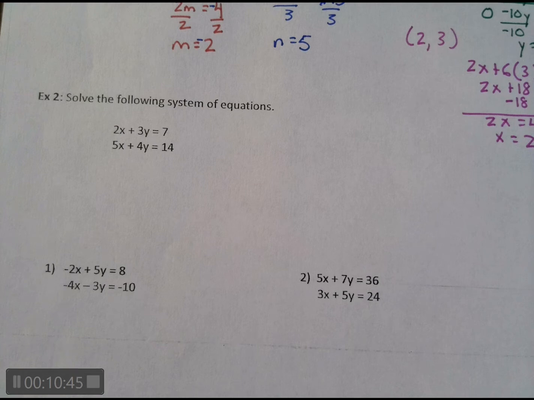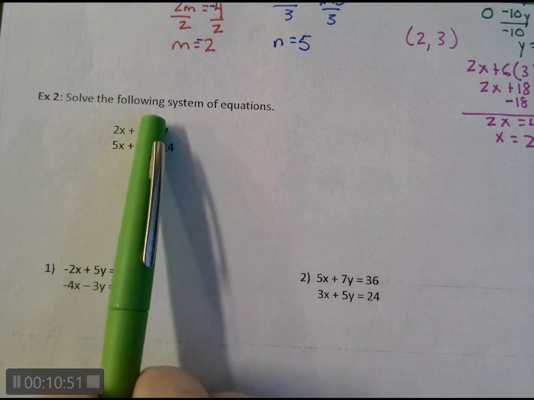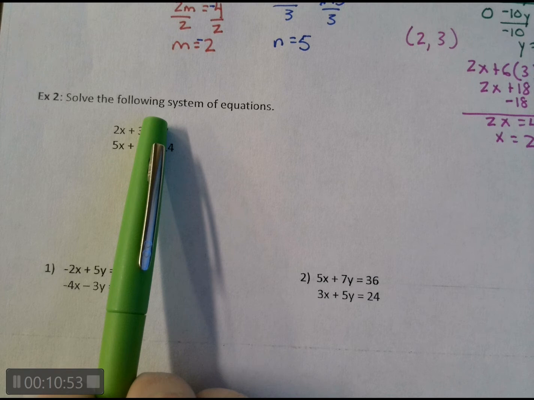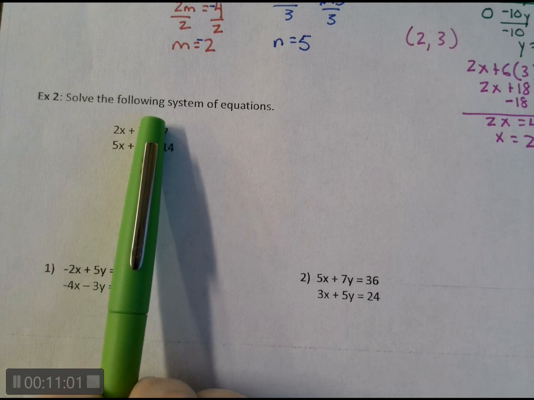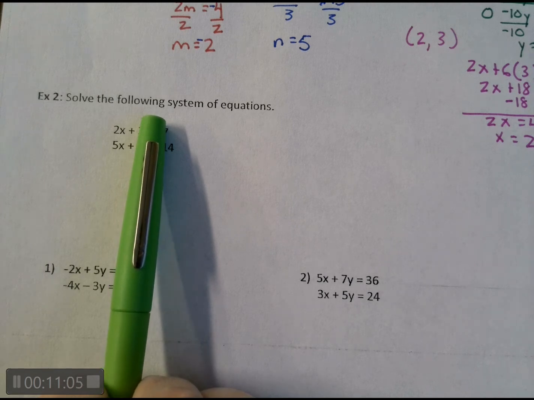So pick which letter you want to multiply by. Okay? So I'm going to pick x because it's right there. Okay? So you need to find the least common multiple and get it to that number. Okay?